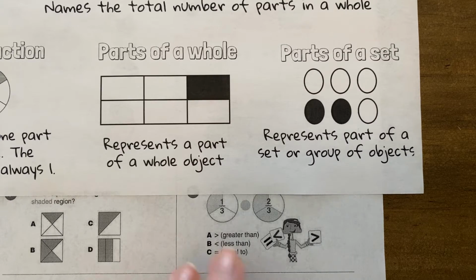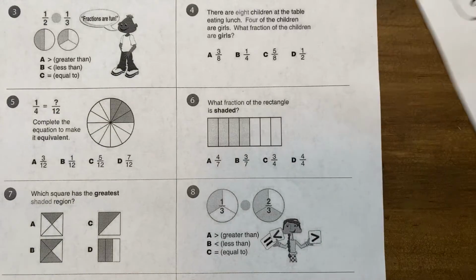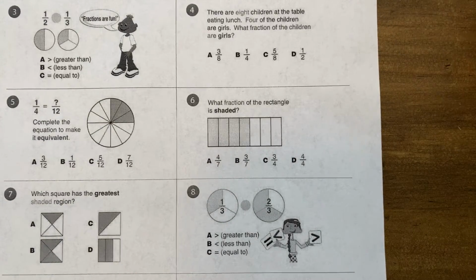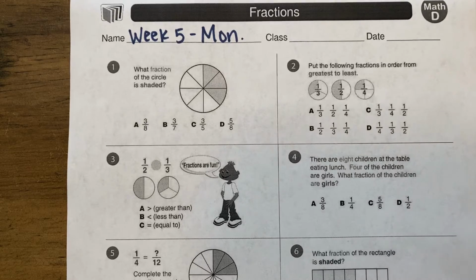So we're just going to use this for our reference. This should be pretty easy, especially today. There's only 10 questions. All right, so number 1 says, what fraction of the circle is shaded? So step 1, we need to count how many pieces there are to this circle.